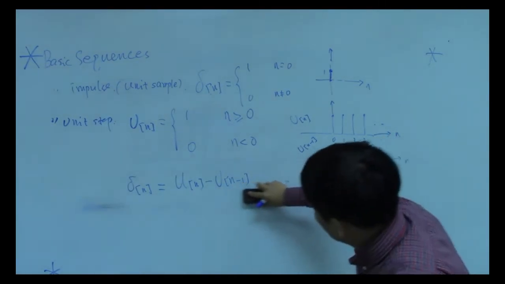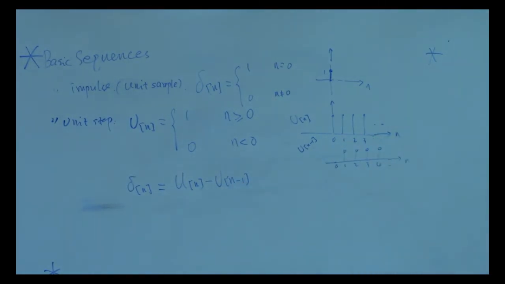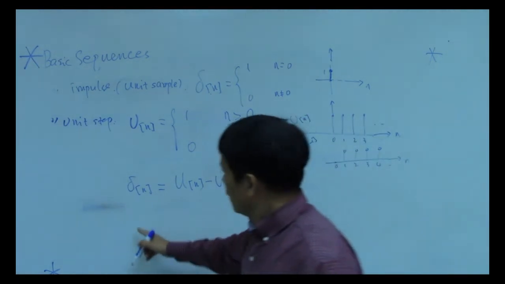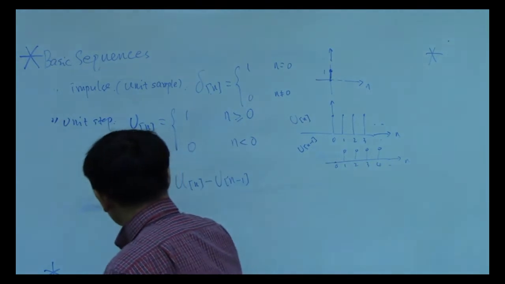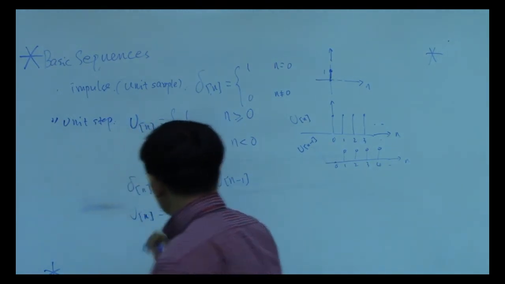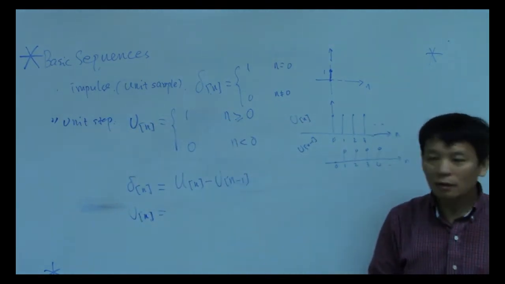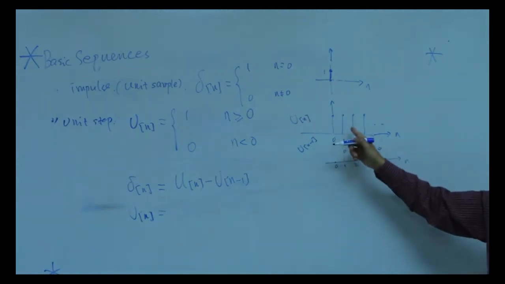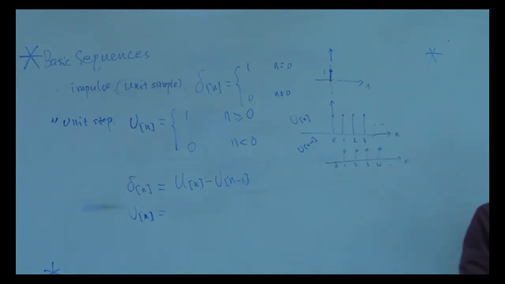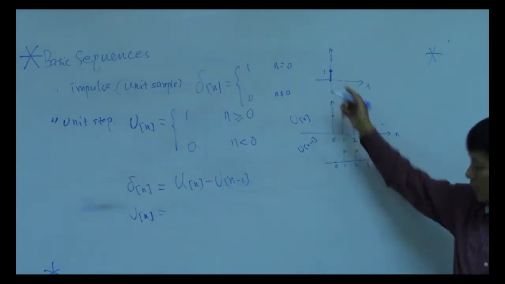So from u[n], we can use the unit step difference to find this. How about u[n] to be represented by this one? How to represent this with this one? I think you should be able to figure out how to get this from here.